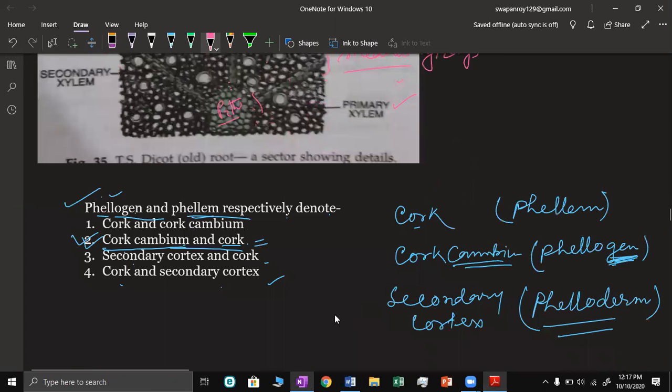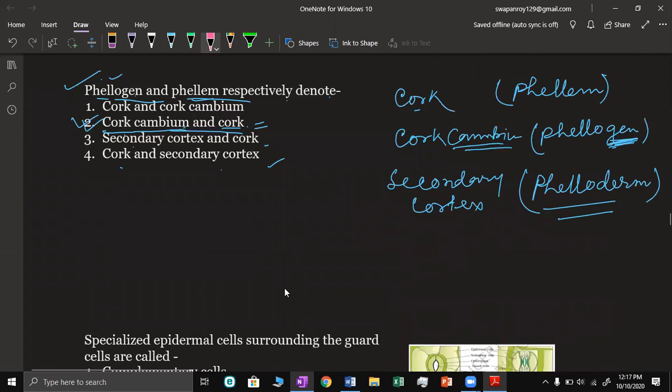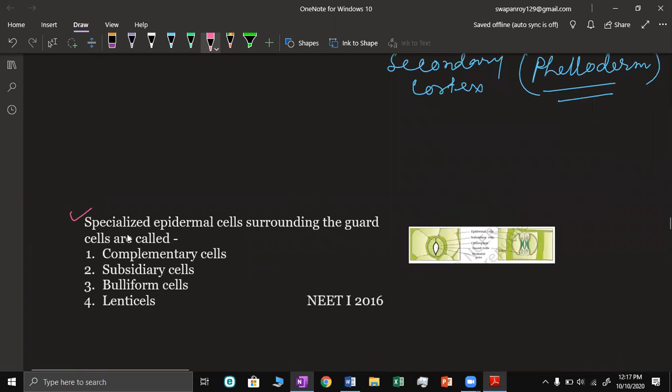Okay, next question is: specialized epidermal cells surrounding the guard cells are called what? A special epidermal cell around the guard cells. Here is one diagram you can see.